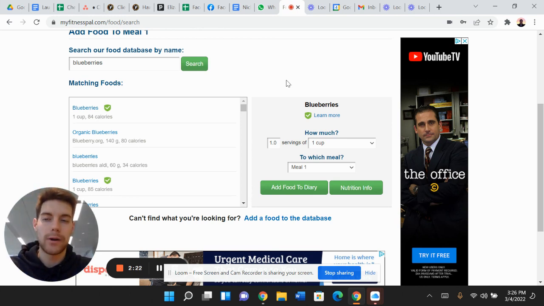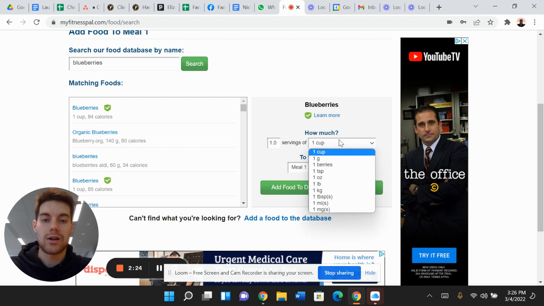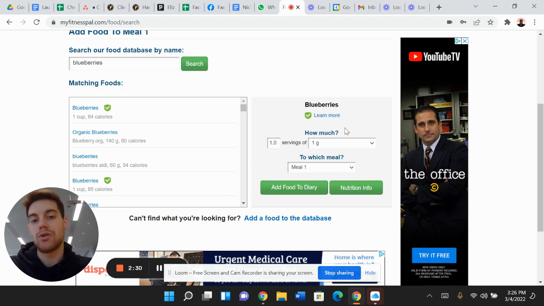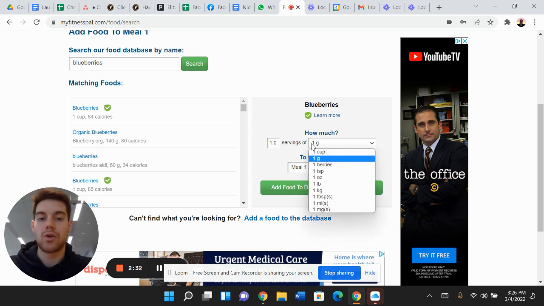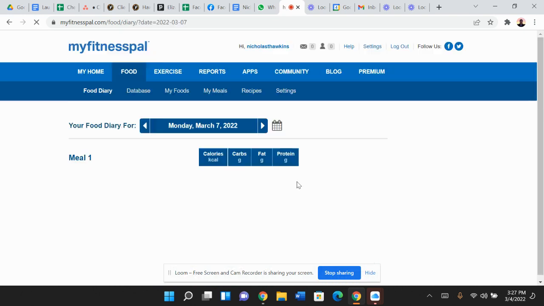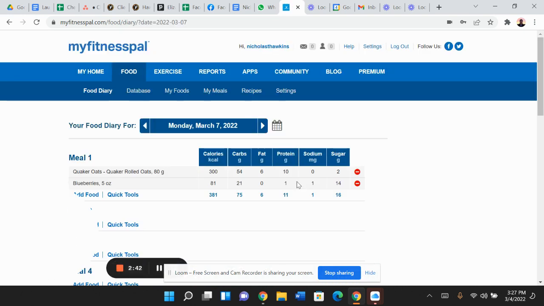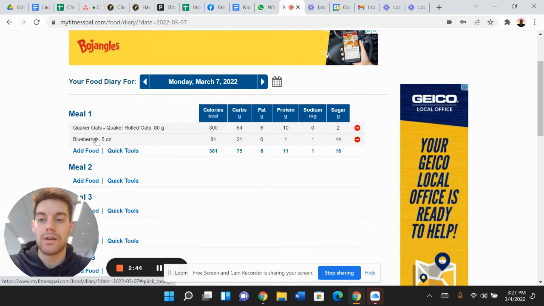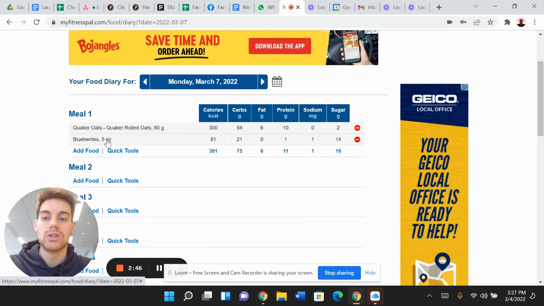The reason I like to use ounces for blueberries is because in the phone version, it doesn't allow you to go above 99 if you're going by 1 gram unit measurement. So I like to go with ounces because of that. So let's say we do 5 ounces of blueberries. Add that in. That's quite a few blueberries, but whatever. It could be 3 ounces, 5 ounces, whatever. Just tell yourself, okay, I'm going to have 5 ounces of blueberries in my oatmeal and maybe some on the side as well.